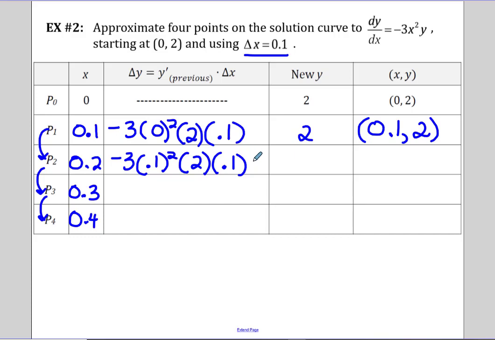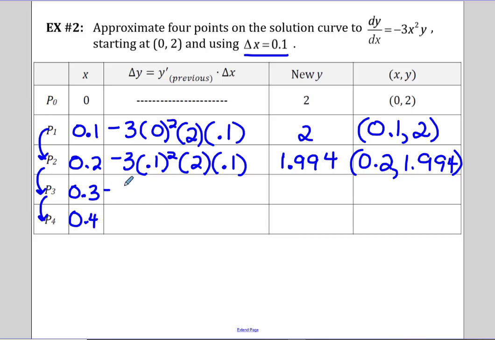And that turned out to be 0.006. It's negative. So if we had 2 and we subtracted 0.006, that's going to leave us with 1.994. So our third point is 1.994. And I'm doing this on the side with my calculator.